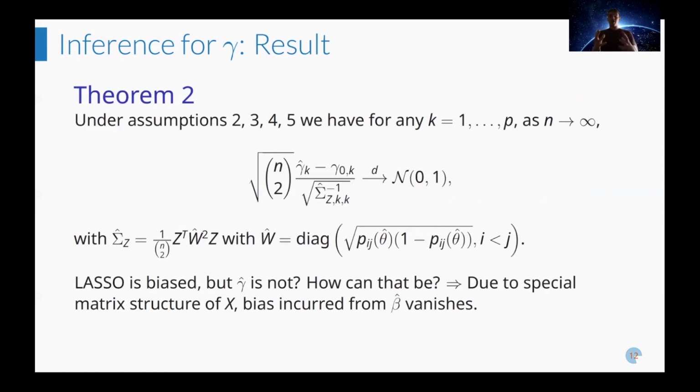And the reason why I do not need a debiasing procedure here is that the bias, which is incurred from the beta, because the beta is penalized, so the beta estimates are going to be biased, is going to vanish fast enough because the part of the design matrix associated with beta is so sparse such that its matrix norm is going to be small in comparison to the effective sample size of gamma. And that's why we do not need to debias at this point.